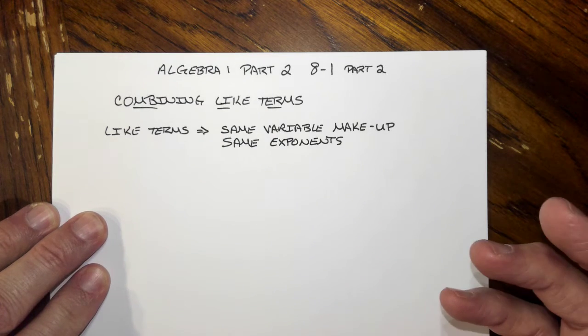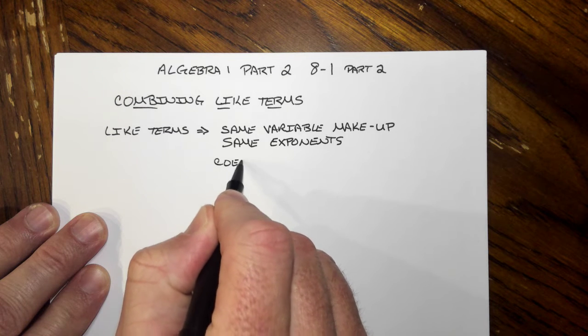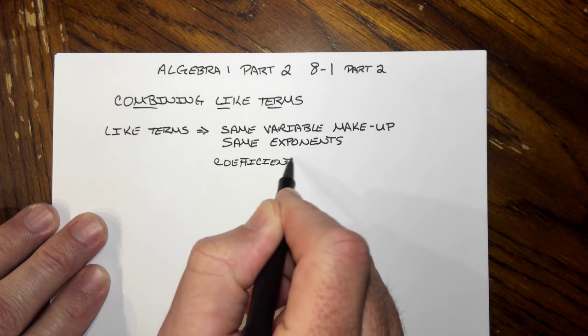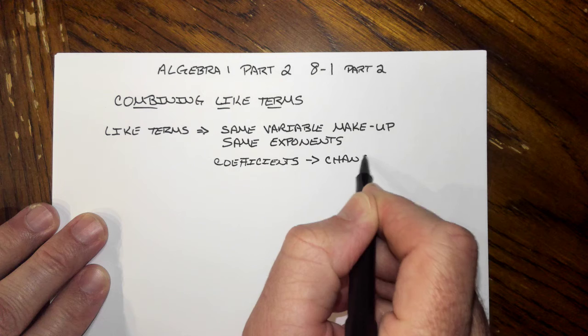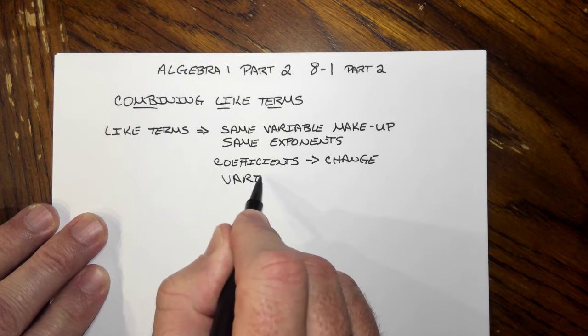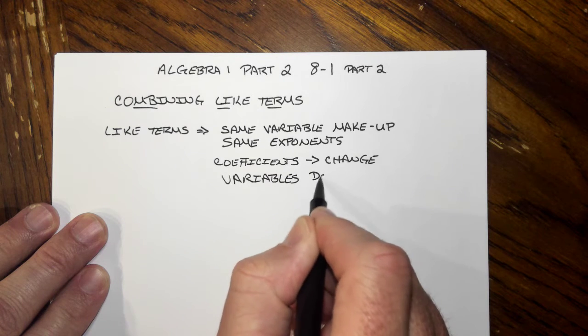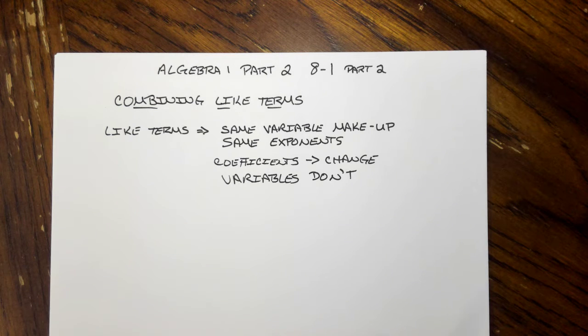Coefficients are going to be different more than likely. Coefficients will change. Variables don't. Coefficients are going to change. Variables will not. So a couple examples to work with.